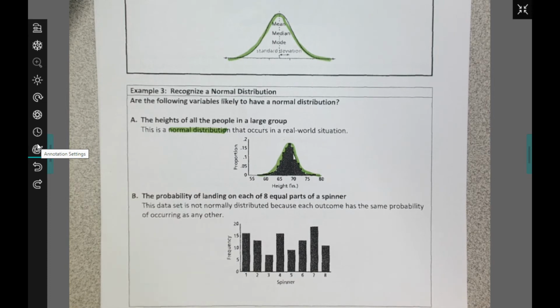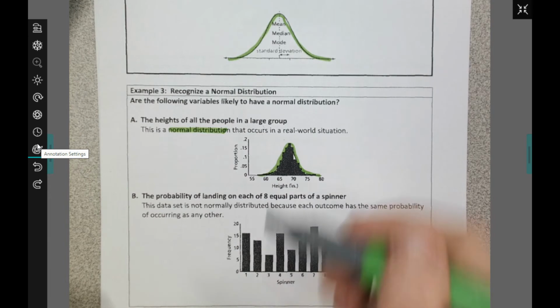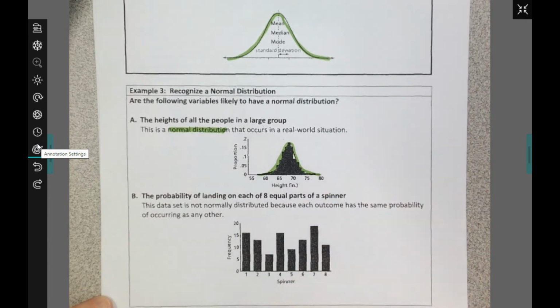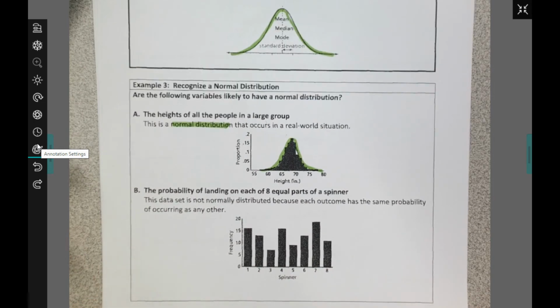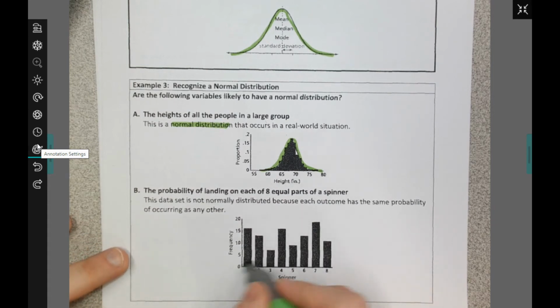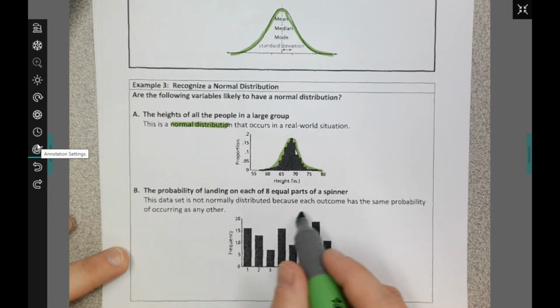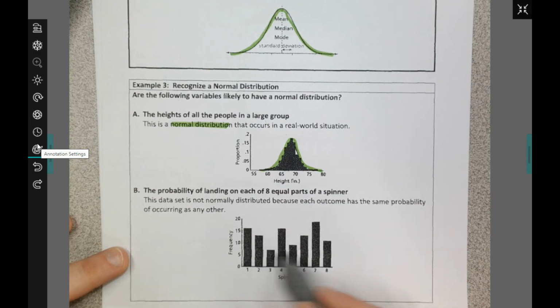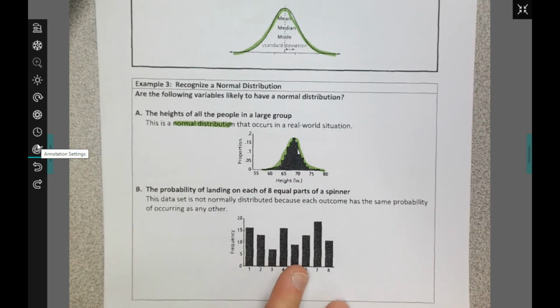Okay, so it is symmetrical, but the reason it's a special symmetrical normal distribution is because the peak is in the middle. For B, they give you the probability of landing on each of 8 equal parts of a spinner. This is not normally distributed because if you look at it, there's no peak in the middle. Each outcome has the same probability of occurring. It's no good.